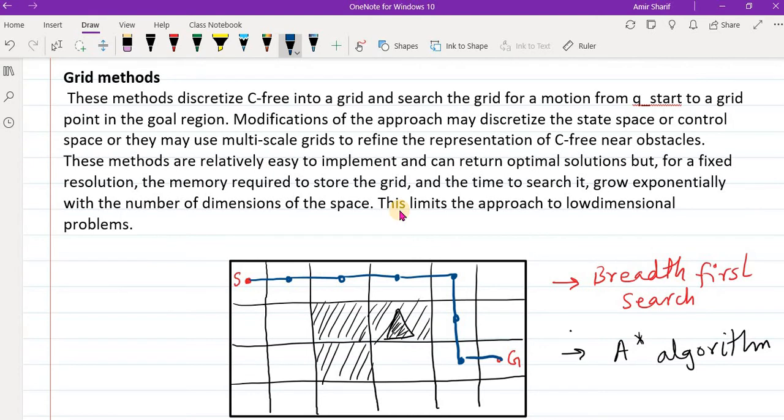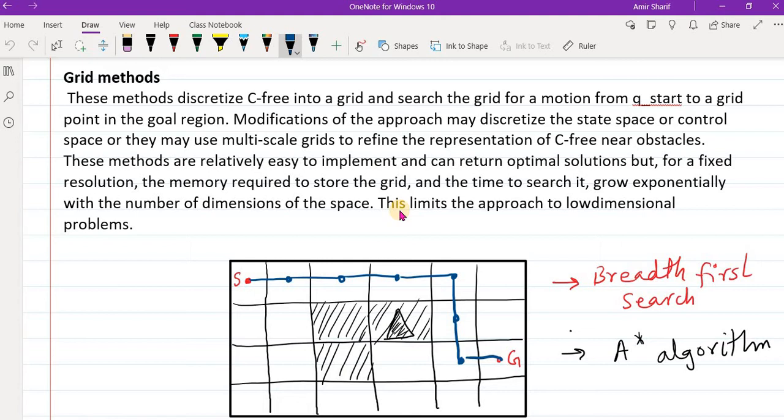But generally speaking, these methods are relatively easy to implement and can return optimal solutions. So these are their advantages. They are easy to implement, as compared to complete methods where you have to connect the vertices of obstacles. These methods are easy.